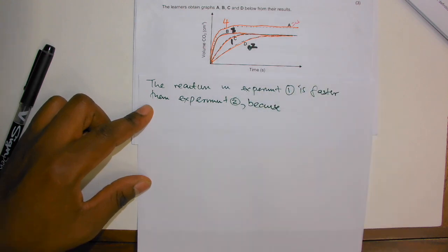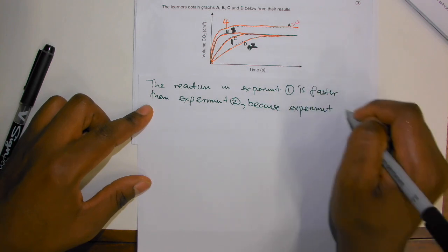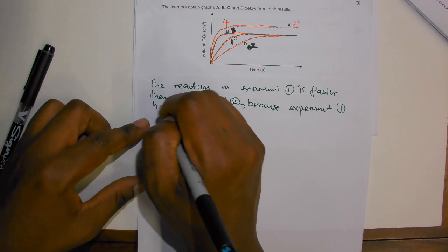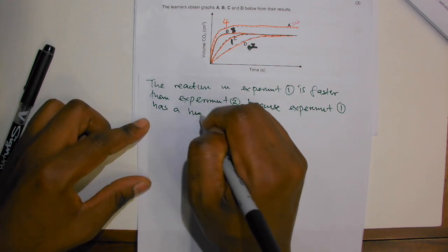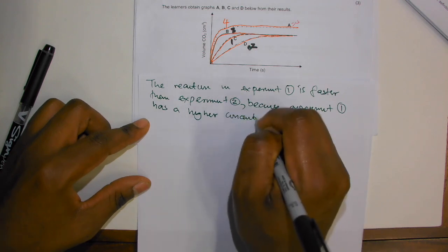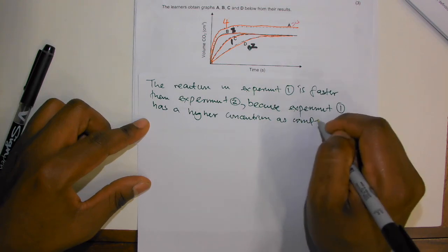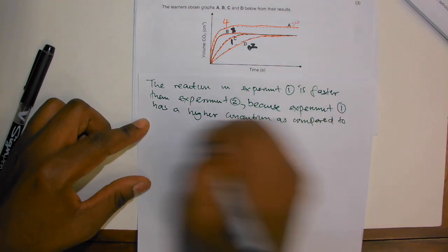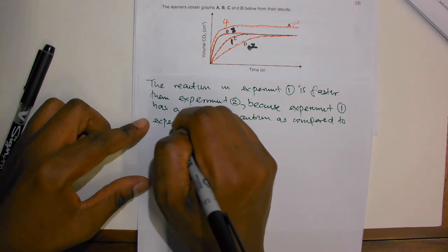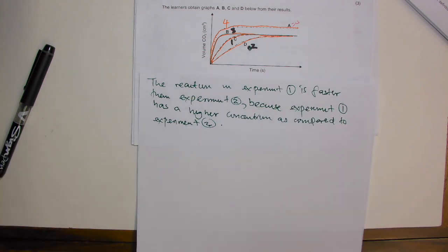Because experiment 1 has a higher what? Concentration as compared to experiment 2. You full stop. Then if you want to be extra, you can say the higher the concentration, the more collision. Do you guys understand that?